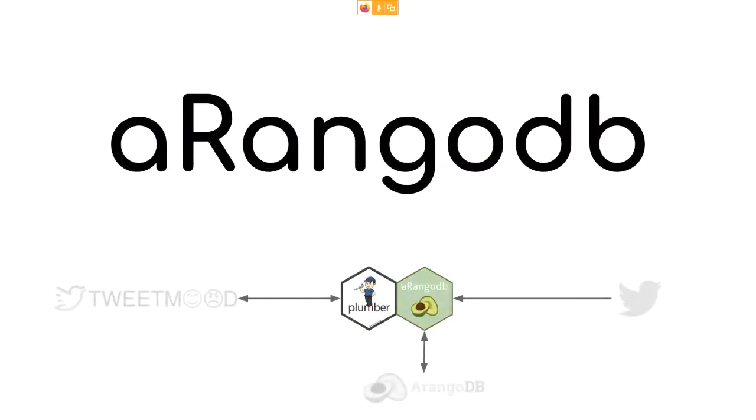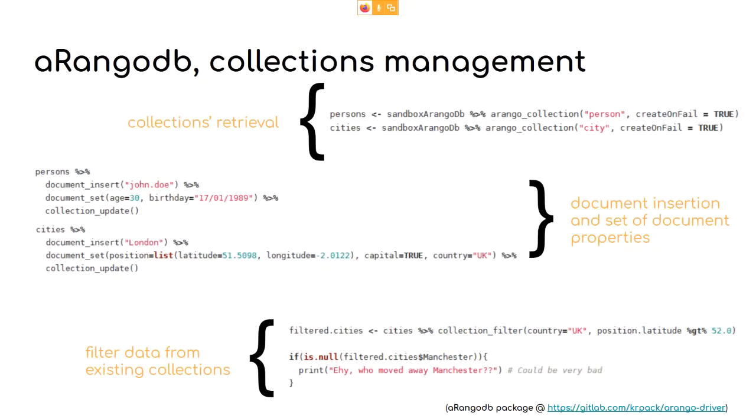To connect the database and the application, we developed a Plumber-based REST API that uses the package that we created to simplify the access to the aRangodb database. The aRangodb package allowed our users to operate with the database using a tidy syntax to retrieve collections, insert and set documents' properties, and to filter out data from collections.